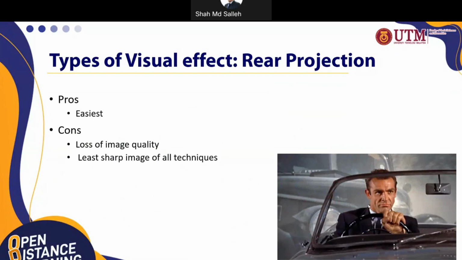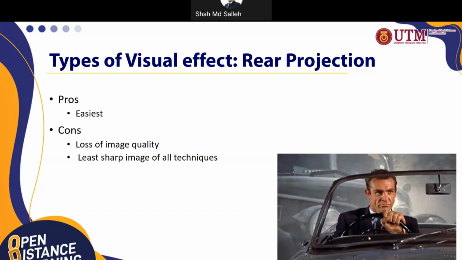The visual, or the color, lets us differentiate between the projection and the real actors. It is easier because we just project the visual from the back, and this is static in the studio.